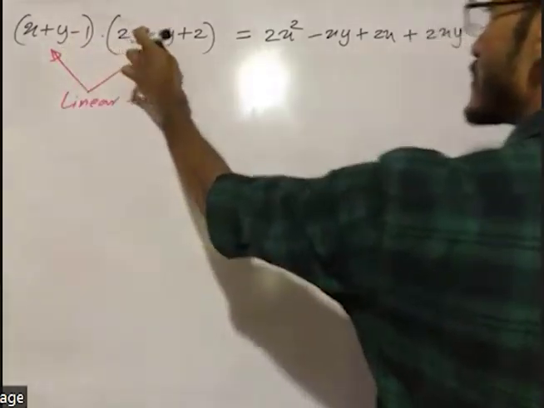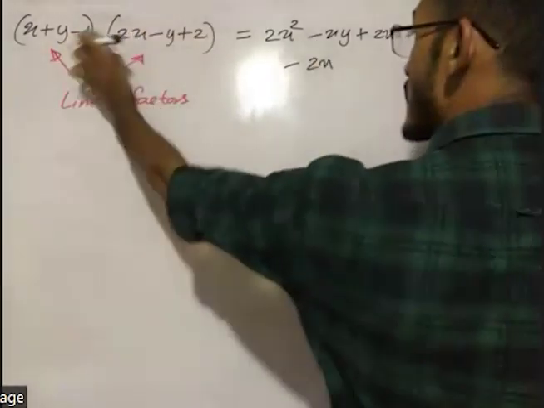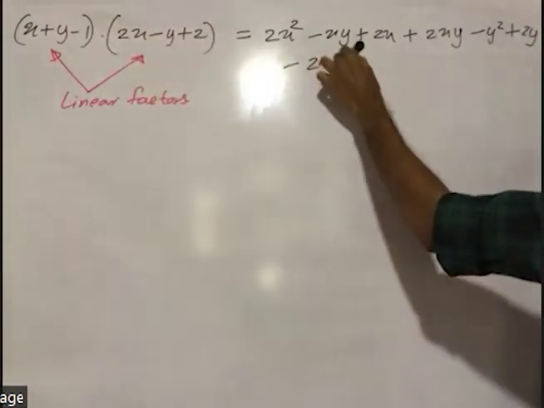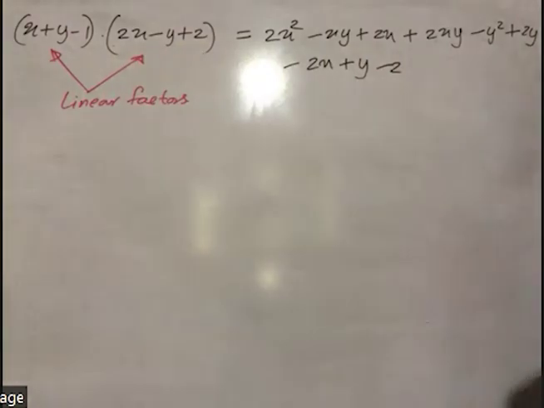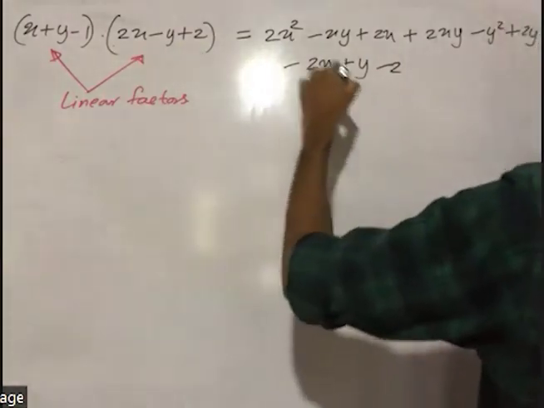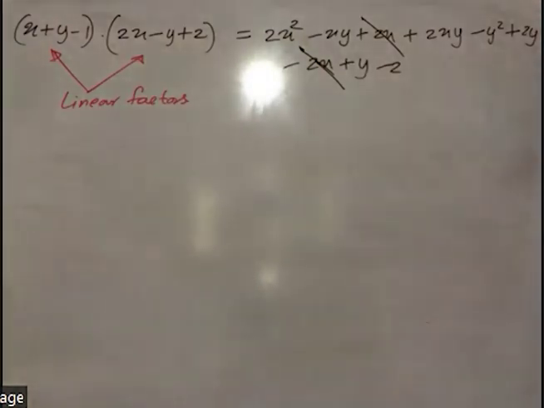Then minus 1 into 2x gives minus 2x, minus 1 into minus y gives plus y, minus 1 into plus 2 gives minus 2. Then here minus 2x and plus 2x will cancel.